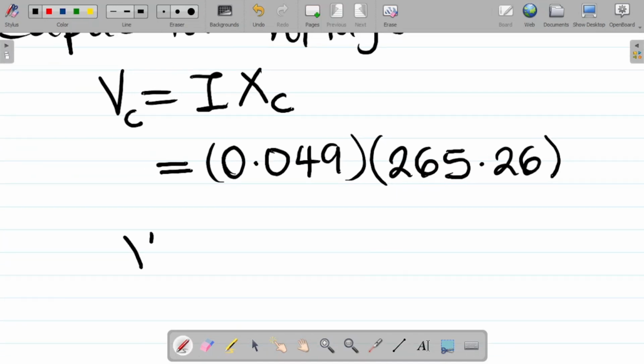So from here, VC, the voltage of the capacitor, is equal to 0.049 multiplied by 265.26. If I multiply this, it gives about 12.997, which is approximately 13. So I have 13 volts. The 13 volts becomes the voltage of the capacitor.